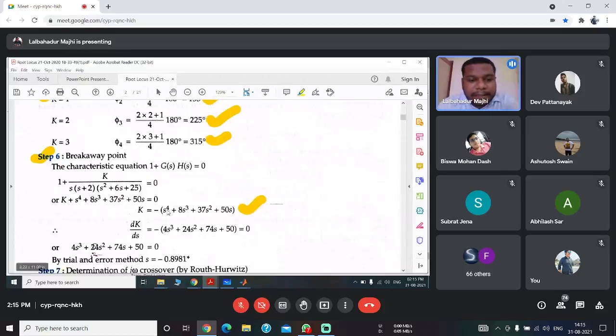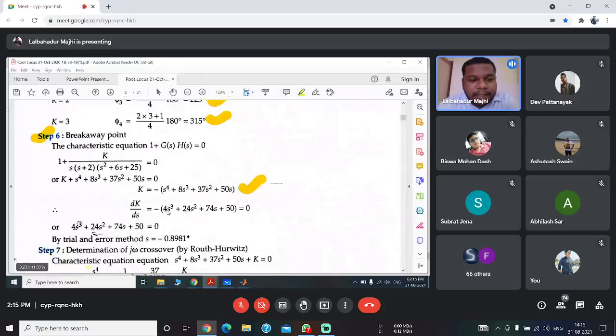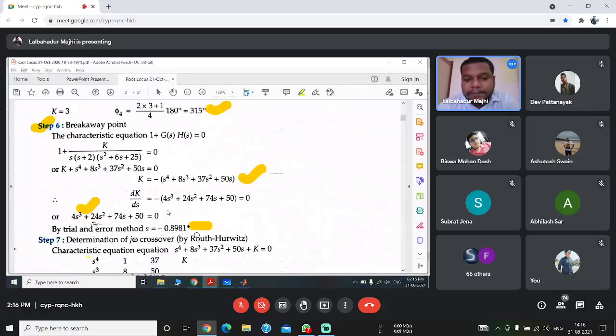By putting dk by ds equal to 0, you can use your calculator to solve this third order equation. We are getting the value of s to be minus 0.8981. This will lie on our root locus branch, so this will be the breakaway point.